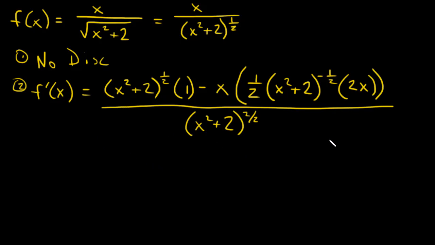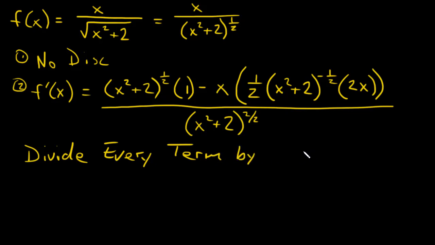So when you're in a situation like this where you're taking the first derivative of something that had a square root in the bottom, you want to, once you get to this stage, divide every term. This is going to make your life simple. Otherwise, the math is not fun. Divide every term by (x squared plus 2) to the, you remember? Negative 1/2, right?